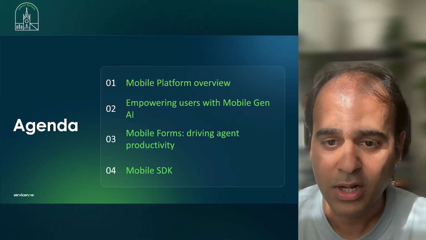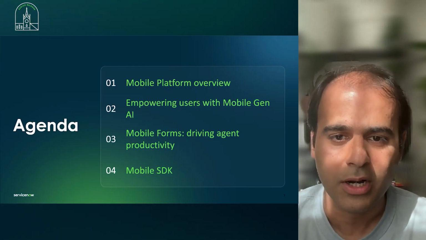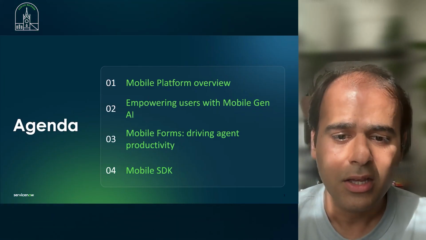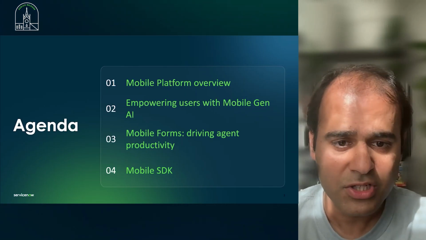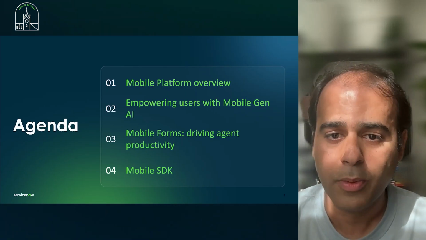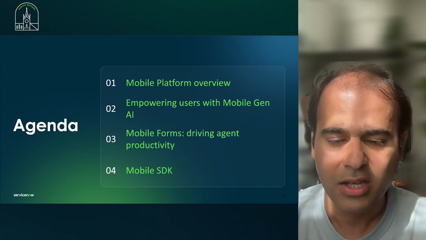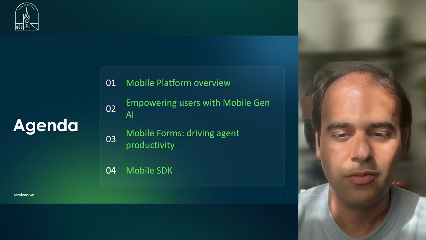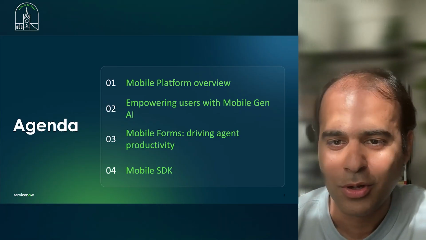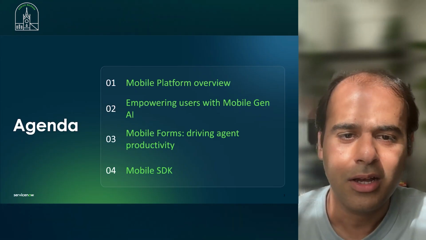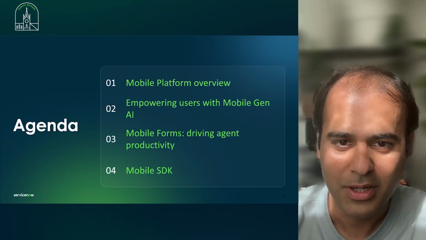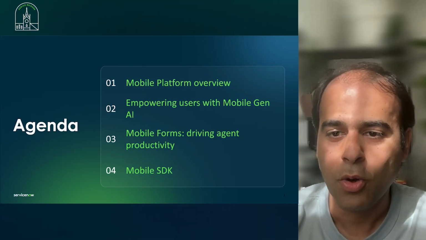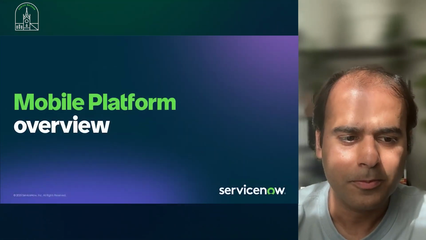What have we enhanced there, and how does it drive agent productivity? And finally, we have a new feature that is targeted towards mobile developers called Mobile SDK, and we'll be showcasing what's new there and how that works for you. So a nice packed agenda, and let's start with the first topic, which is the mobile platform overview.